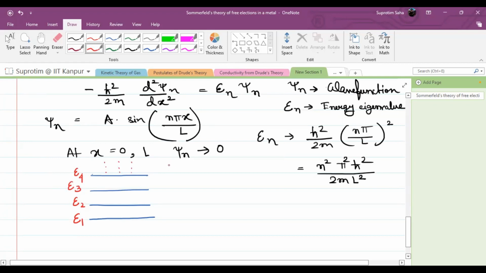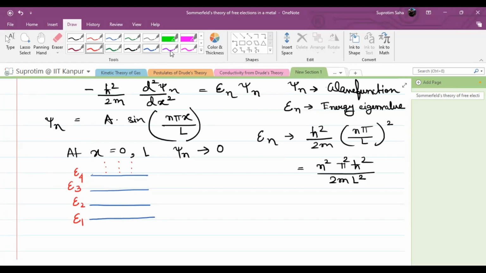So now you have to put electrons in those energy levels. The first concern will be how many electrons you can put in a single energy level. As electrons are fermions, there will be the Fermi-Dirac statistics, and as per Pauli's exclusion principle, you can put 2 electrons in a single level, one with spin up and another with spin down.